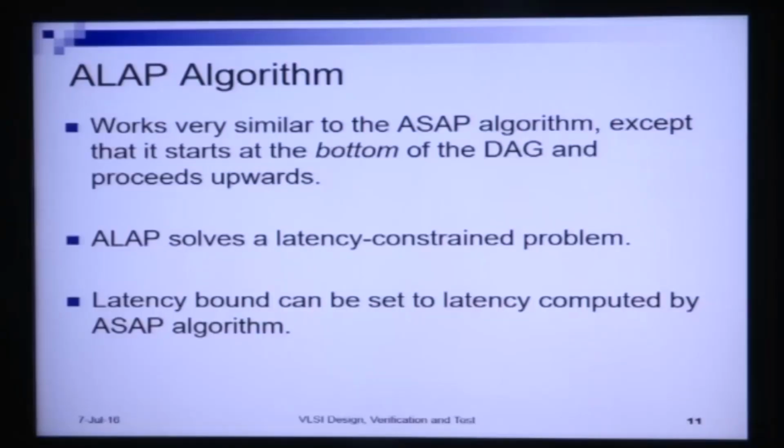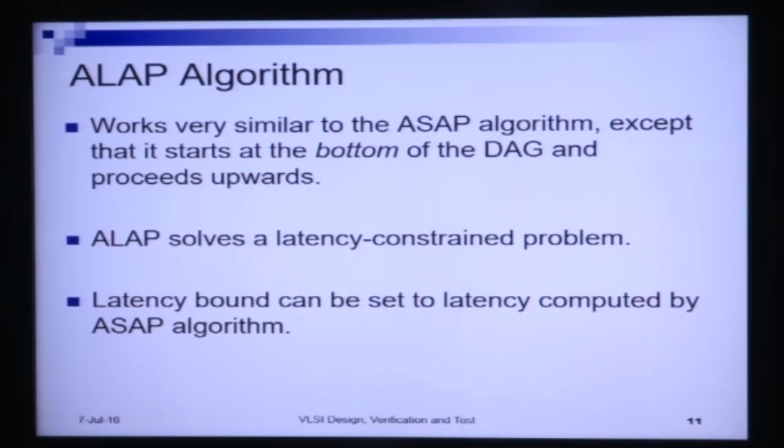Now, a similar algorithm is the ALAP algorithm. How is it different from ASAP? ASAP stands for as soon as possible schedule. ALAP correspondingly has the name as late as possible. It works very similar to the ASAP algorithm, except that it starts at the bottom of the DAG and proceeds upwards.